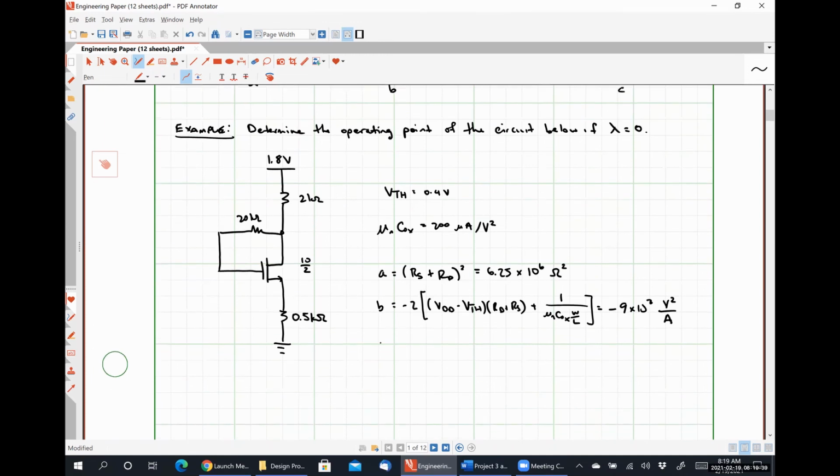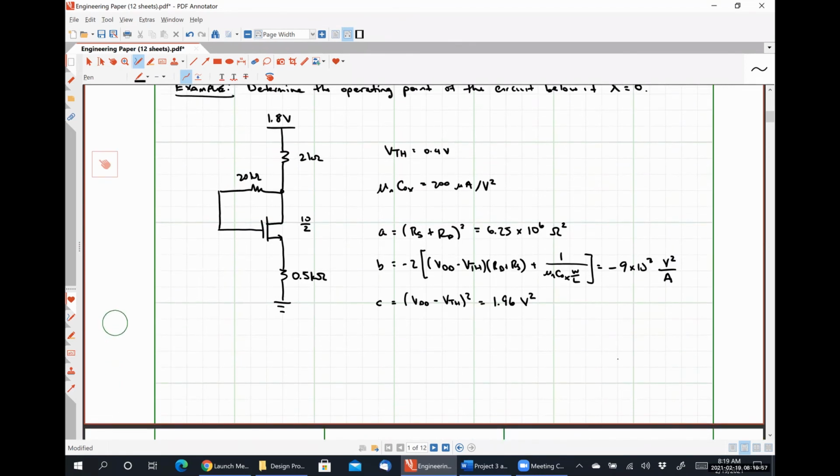And lastly, quantity C, which is simply VDD minus VTH squared, is 1.96 volts squared.